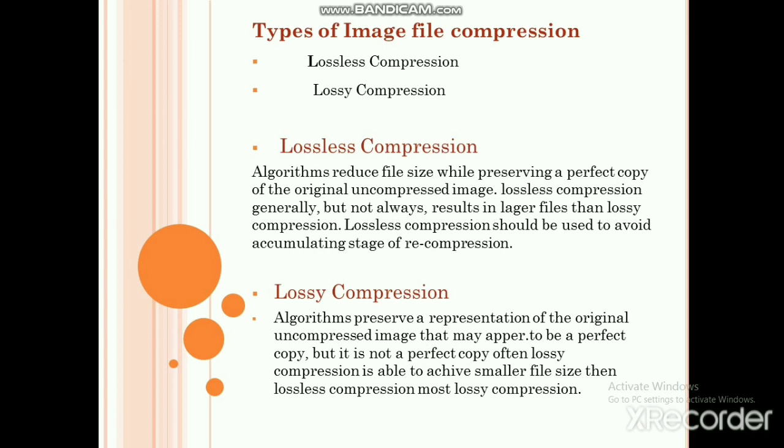Lossless compression algorithms reduce file size while preserving a perfect copy of the original uncompressed image. Lossless compression generally, but not always, results in a larger file than lossy compression. Lossless compression should be used to avoid accumulating generation loss from repeated compression.